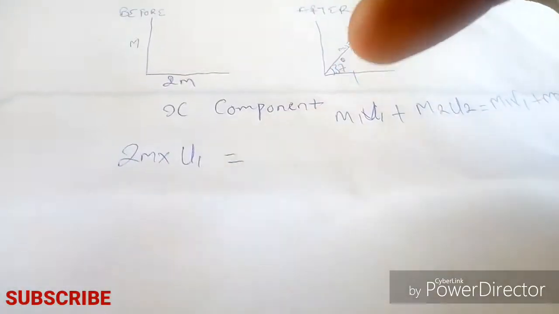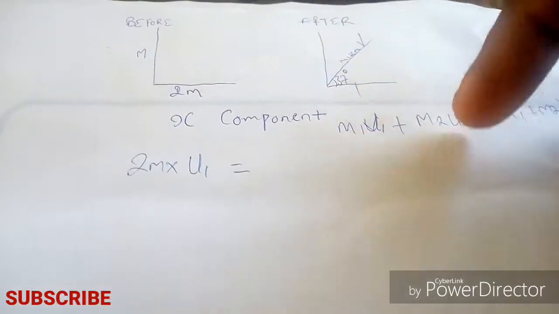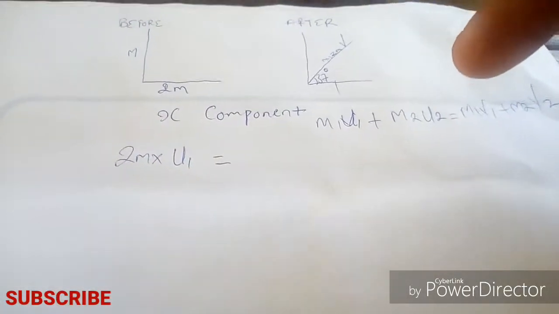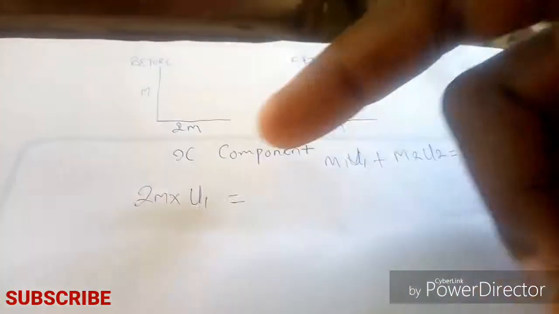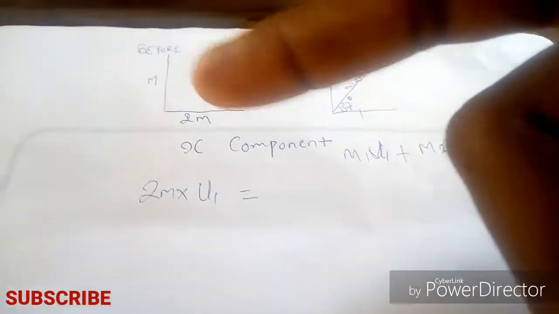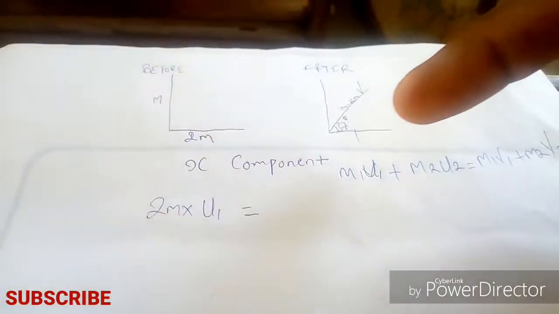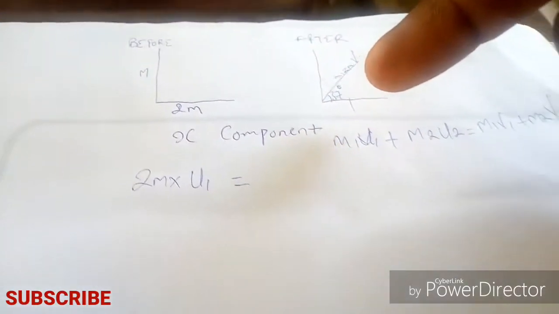This means the two momenta of the objects before collision are equal to the momentum after. So this is before collision on the x component. Now after collision on the x component, let us resolve it.